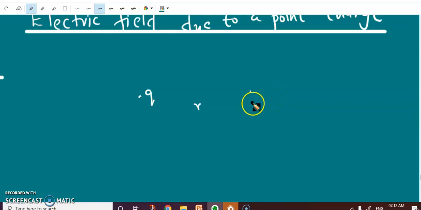So we have already seen that in order to measure the strength of the electric field, we have to place a test charge here. So let the test charge placed here at the point P where we have to measure the electric field be Q0.